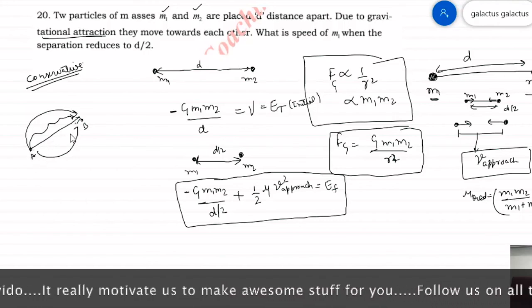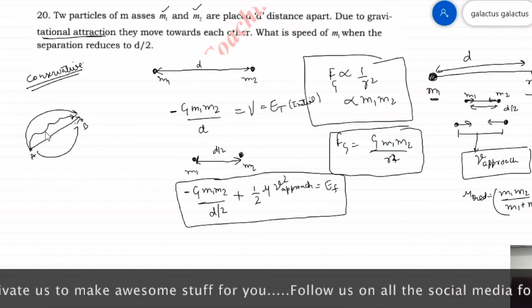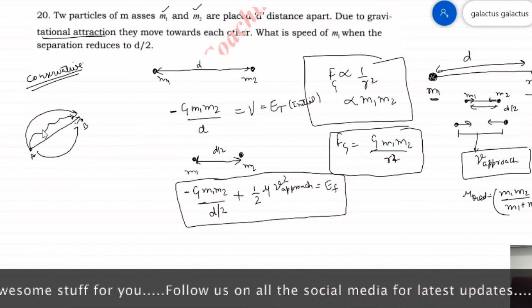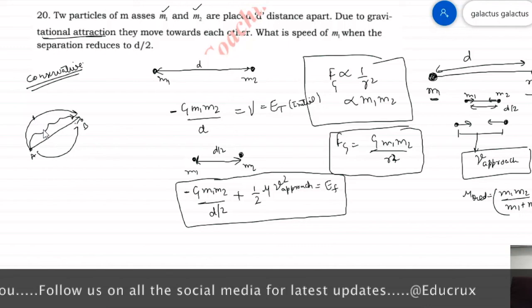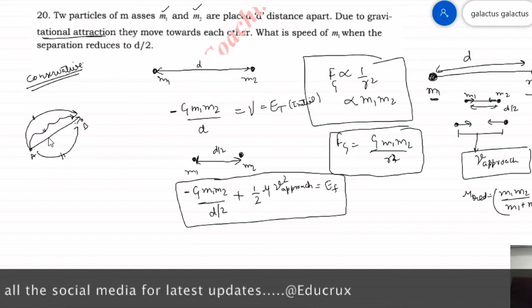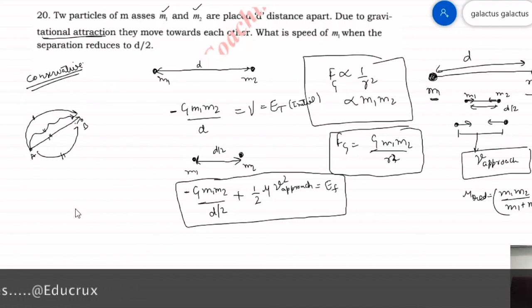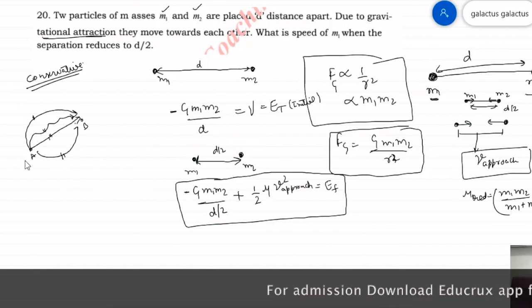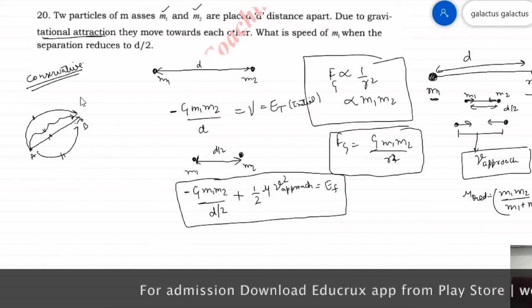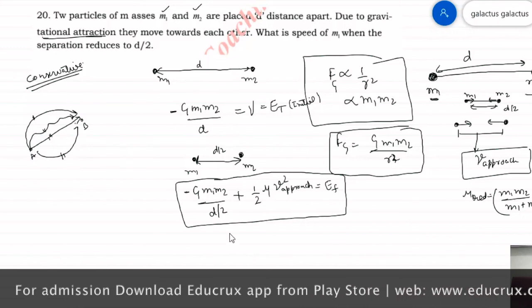From point A to B, the work done will be equal for all these paths because the work done depends on where the points A and B are situated. It really doesn't depend on the path taken by the particle.